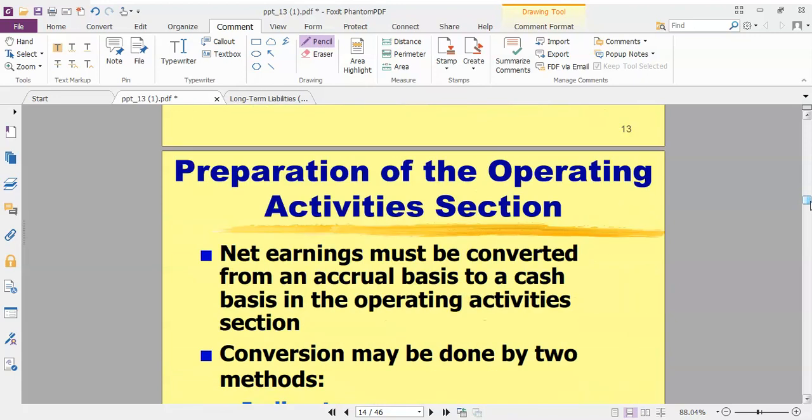Next, preparation of the operating activity section. If you look at the SOPL, Statement of Profit and Loss, that we covered last semester, and also the Statement of Financial Position, all the elements of the financial statements use the accrual basis.